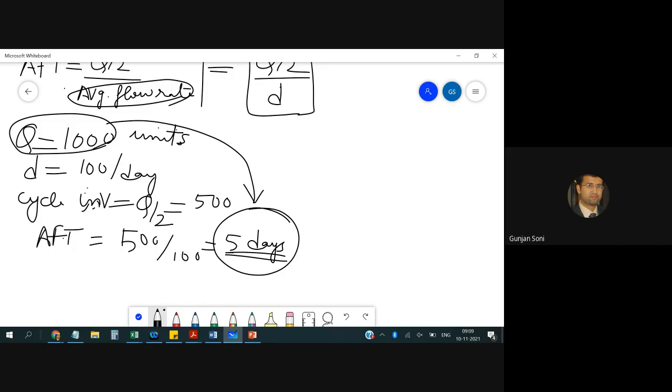Think about it. Since we are talking about inventory, we say that it should be low flow time. The larger the cycle inventory, the larger the queue size, and the more time a unit is going to spend in the supply chain.